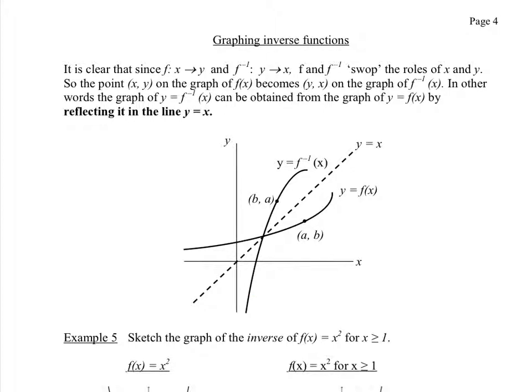A point here gets reflected over here. This point here, let's say the point (1, 0), gets reflected over here to become the point (0, 1). The x and the y are swapped.